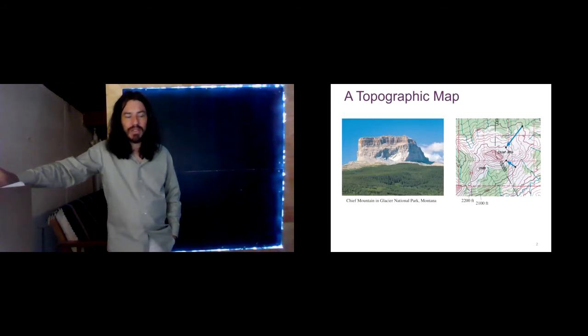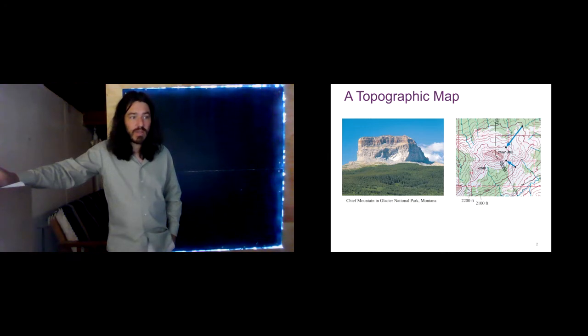Looking back at our topographical map, notice that we can tell how steep this is by how close together the lines are. Also notice that the steepest part of the mountain, the steepest downhill descent at any point on the mountain, is always perpendicular to a line of equal elevation.